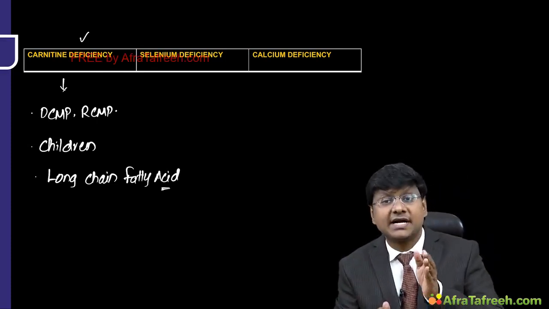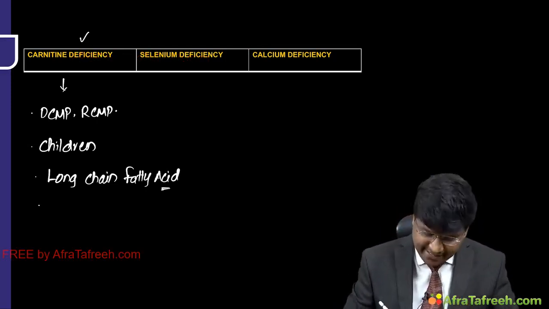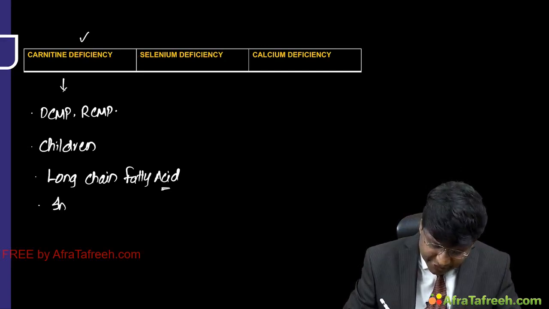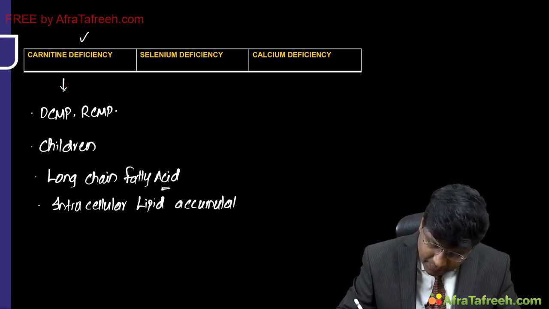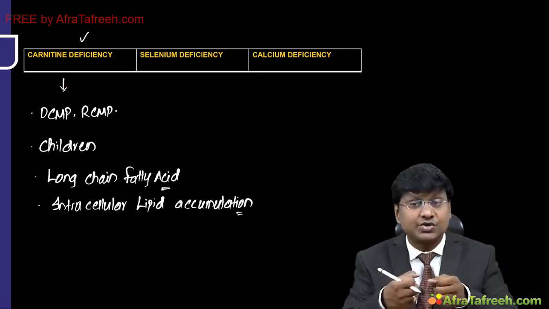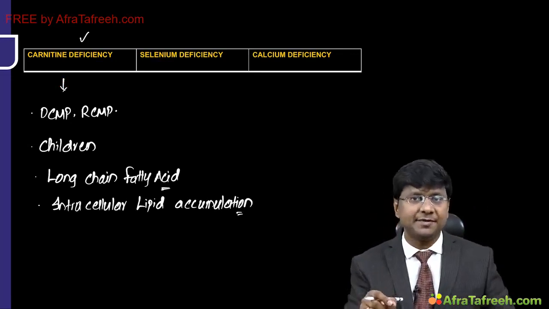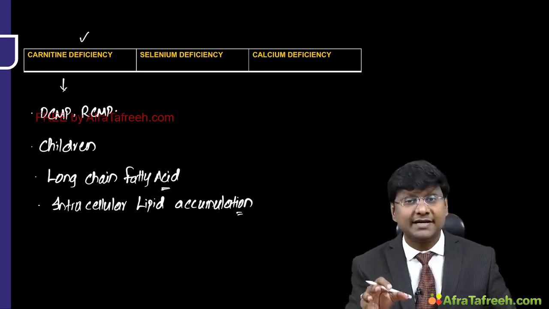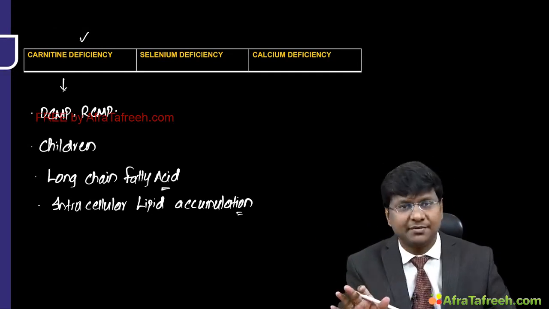Now, if there is carnitine deficiency, what will happen? That will lead to intracellular lipid accumulation within the cardiac myocytes. There can be stretch of the cardiac myocyte, and that will make the individual develop dilated cardiomyopathy, or the excessive accumulation of intracellular lipid inclusions can make the individual develop even restrictive cardiomyopathy as well.